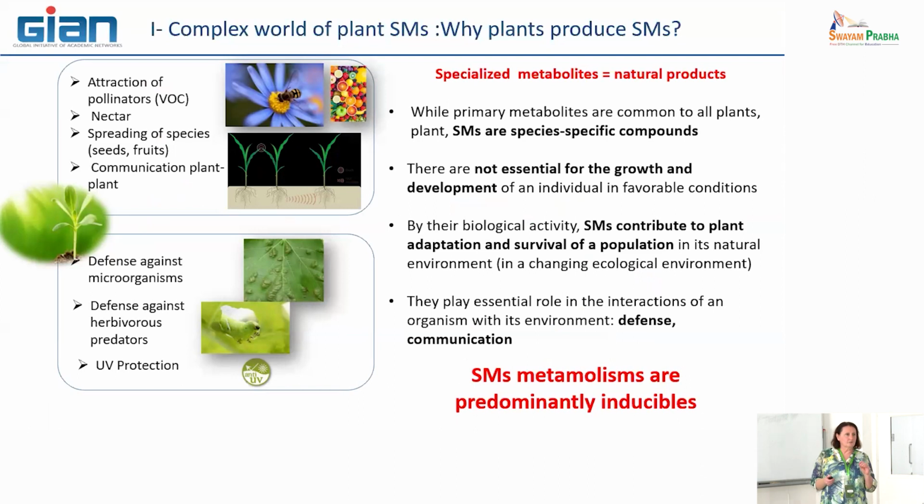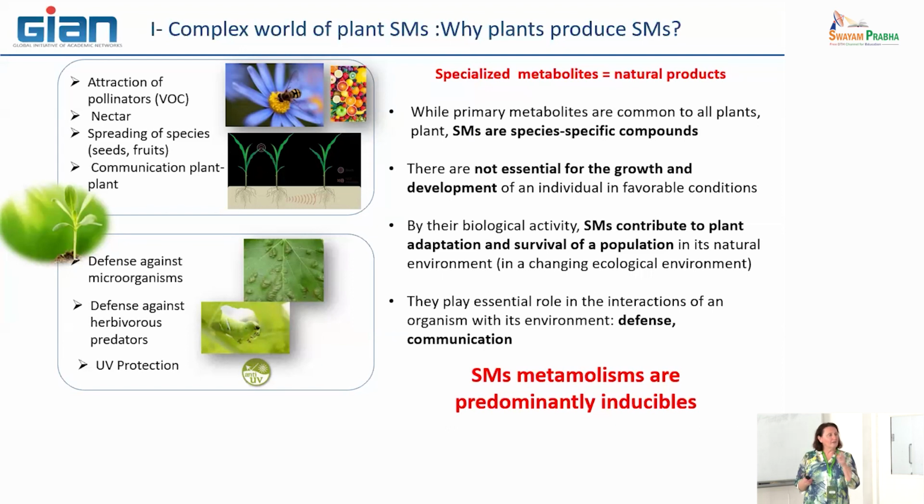This means that if you find a plant that is able to produce one type of metabolite, it can be the only one able to produce it. You can't find this metabolite in other plants. Precursors, yes, but the final molecule will be more species-specific. They are not essential for growth, that's true. But they are essential for the plant to survive any modification of its environment.